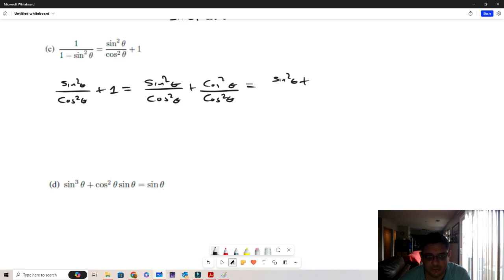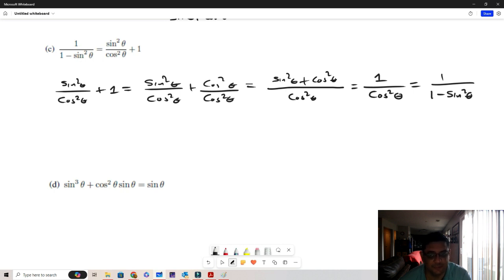And this is just sine square plus cosine square over cosine square. And now the top is 1. And the bottom is cosine square of theta. But I can see cosine square of theta as 1 minus sine square of theta.